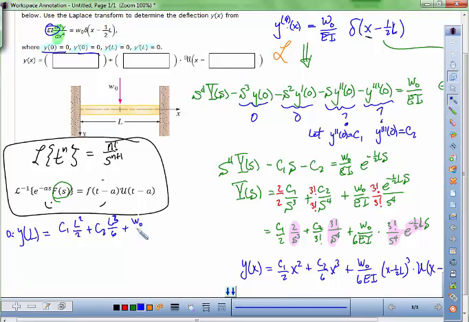So W naught over 6 E I, and then now it's 1/2 L to the 3rd power, and then this shift over here, U 1/2 L.